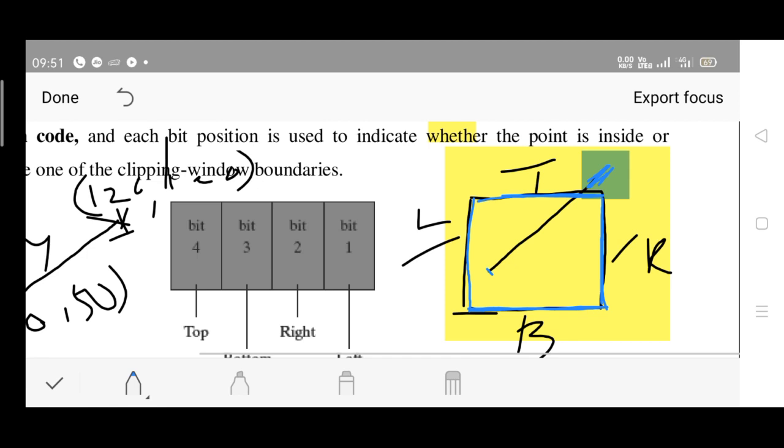If it does not cross, keep that line and don't alter it. If it crosses, then you need to perform some calculation to clip off the portion of the line segment outside the boundary. That's it. Very simple strategy, right?